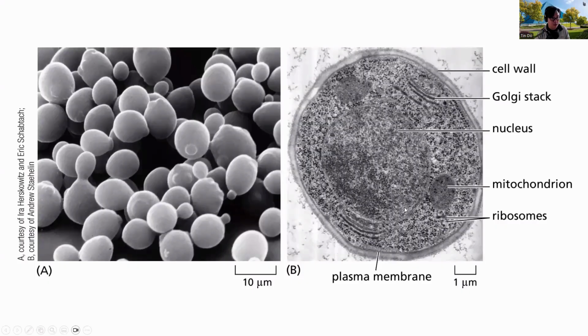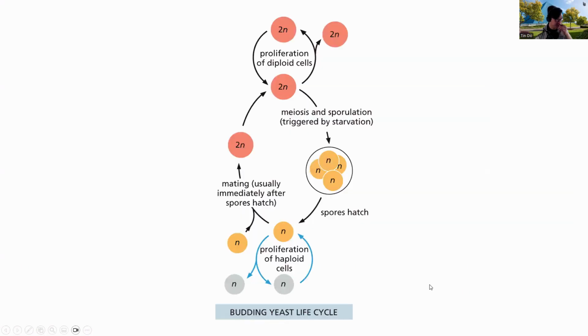Here is an example of a yeast cell, and we can see how simple they are. They have a cell wall, a Golgi apparatus, the nucleus, the mitochondria, as well as a lot of ribosomes throughout. Again, the scale is 10 microns to 1 micron.